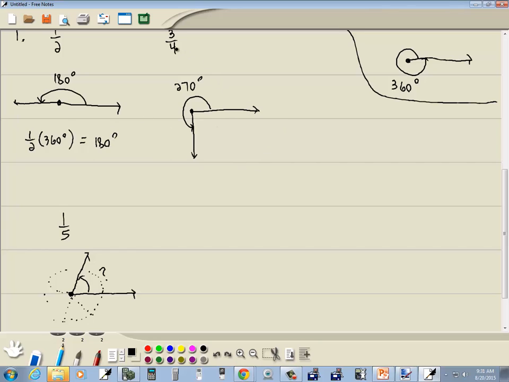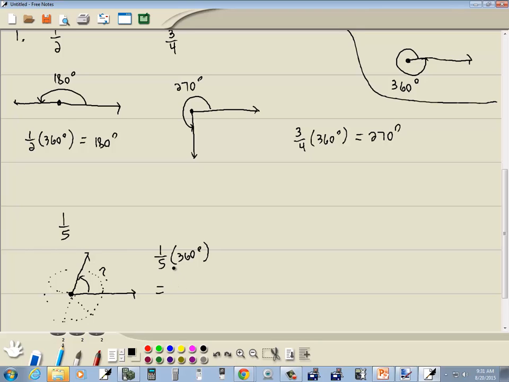Over here, when we said 3/4 of a revolution, we're saying 3/4 of 360 degrees. And 4 and 360, both divisible by 4, that gives us 90 here, which gives us our 270 degrees. So this one is not so easy to see. 1/5 of revolution, we can simply just take 1/5 times 360 degrees.